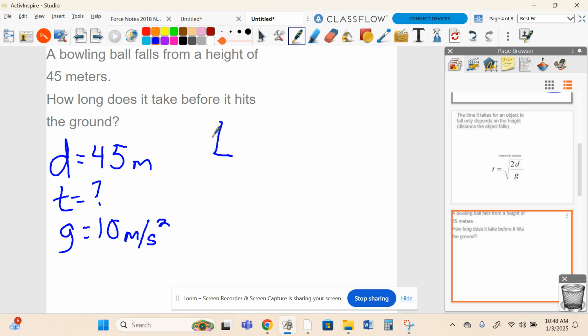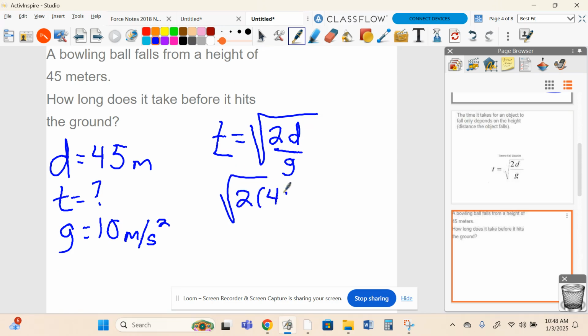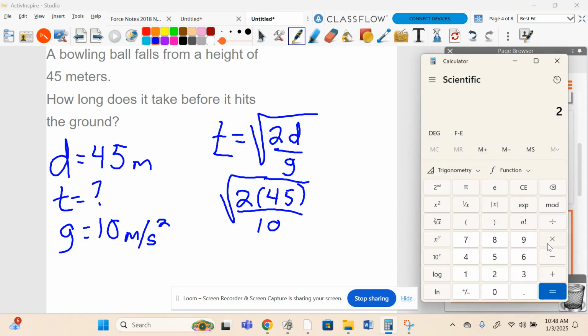I'm going to write down my equation. t equals the square root of 2d divided by g. Plugging in my numbers: 2 times 45 divided by 10. Like I said, you can simplify everything underneath the square root.